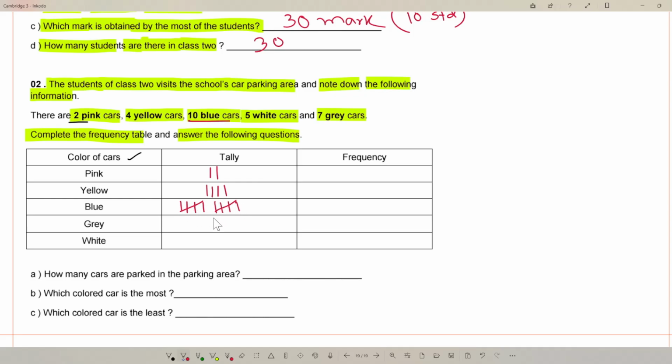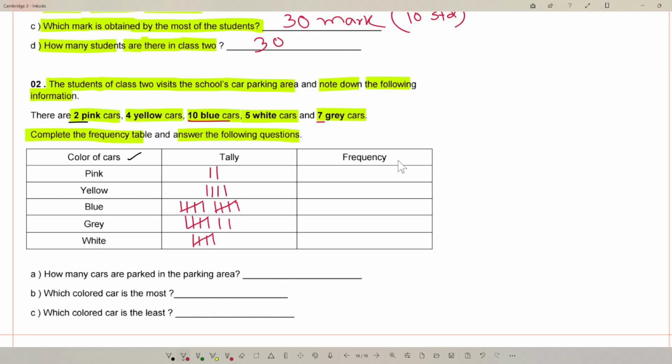So 5 and 5, it will be 10. And next 5 white cars, so 1, 2, 3, 4 and this is 5. And finally 7 gray cars. 7 means 1, 2, 3, 4, this is 5, 6 and 7.